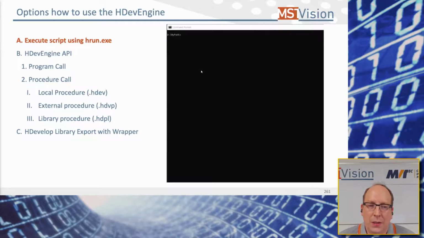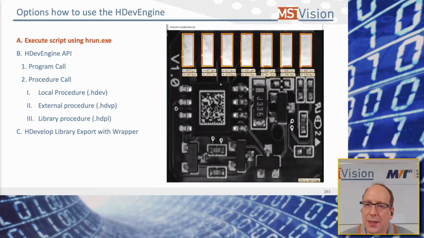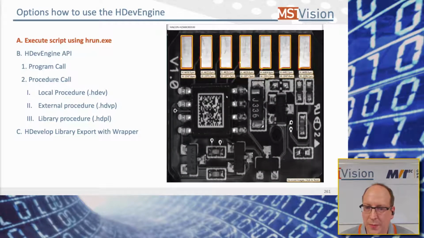And many do not know that there is an hrun, an execute script. You can execute the script using hrun, and you can see that the window opens, and you can click through the images because I programmed the system like this, and you can test this immediately.